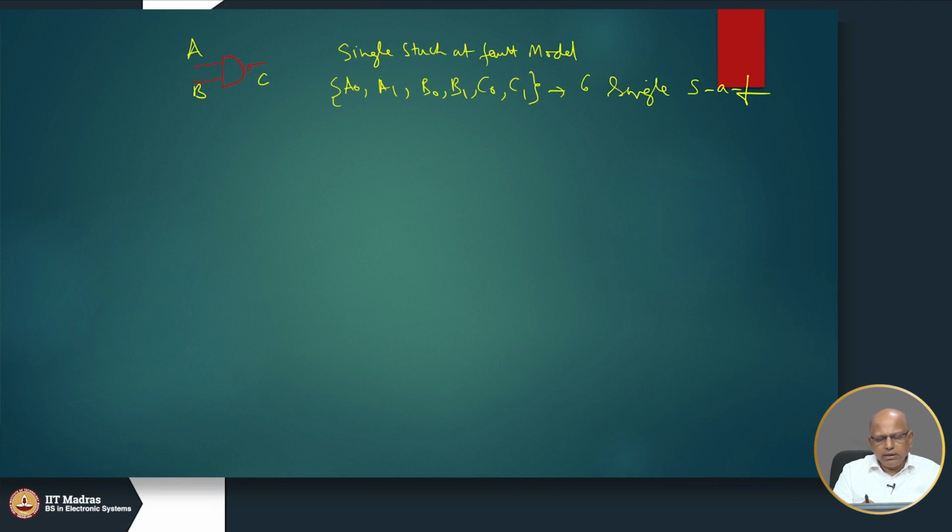Let us see, if somebody gave me an AND gate and challenged me that A may be stuck at 0. How do I go to that person and say no, actually A may not be stuck at 0? So, this is a good circuit, this is a faulty circuit.